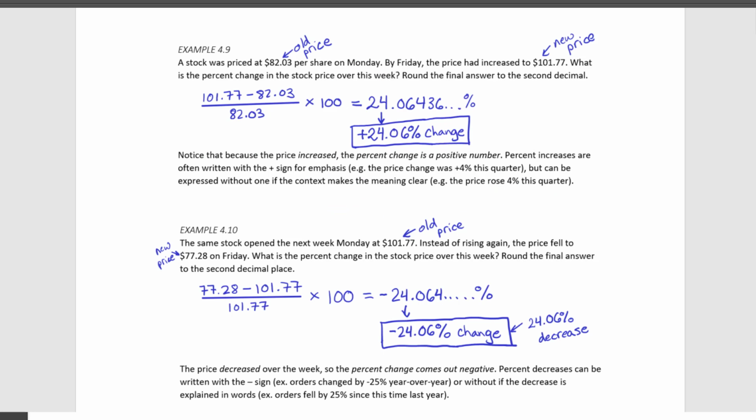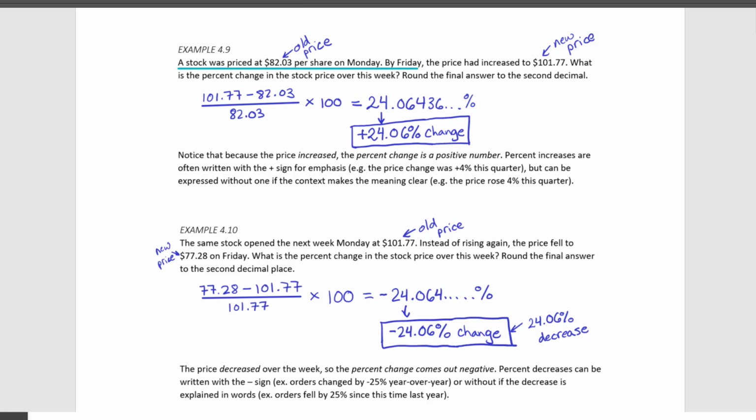Now, before leaving this example, I want to point out that example 4.9 and example 4.10 both had a 24.06% change. In the first week, the stock went up by 24.06%. In the second week, the stock went down by 24.06%. So thinking of percentages, you might think that the same thing happened, that somehow this stock reverted to its original place, but it didn't.